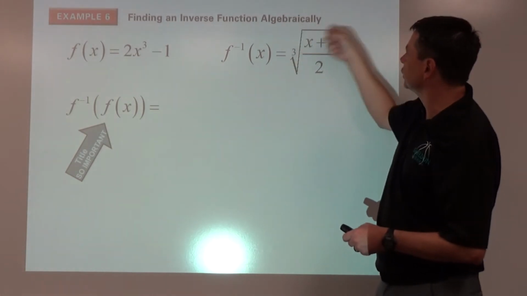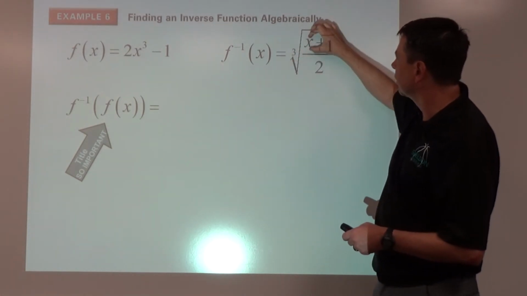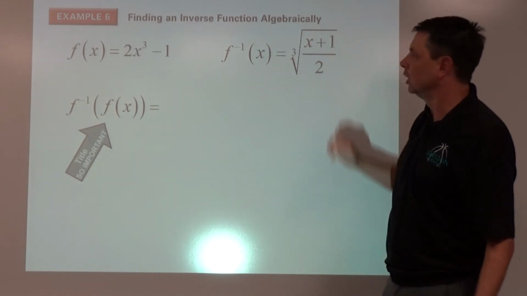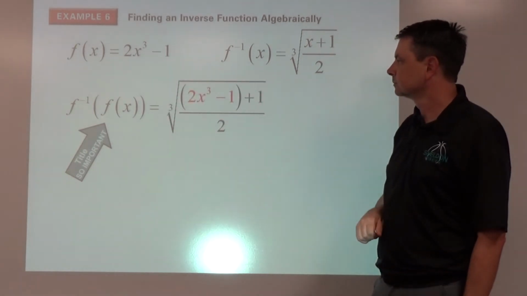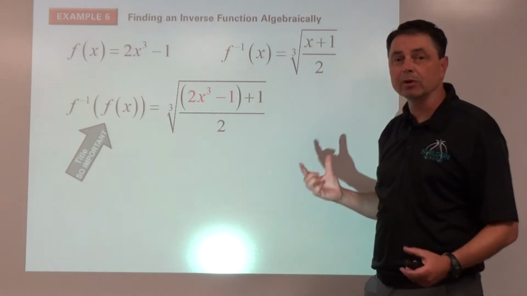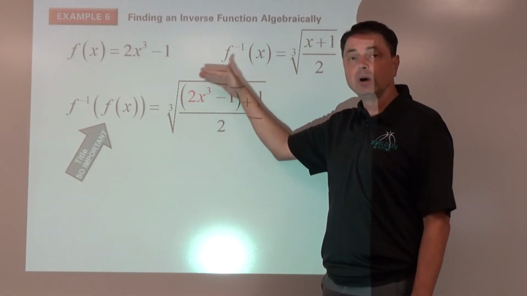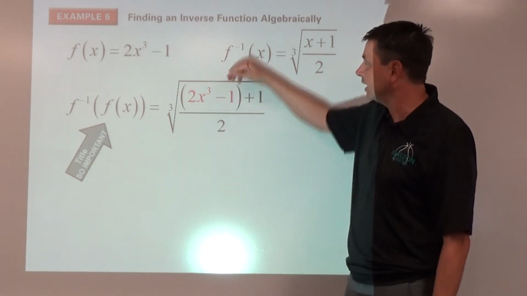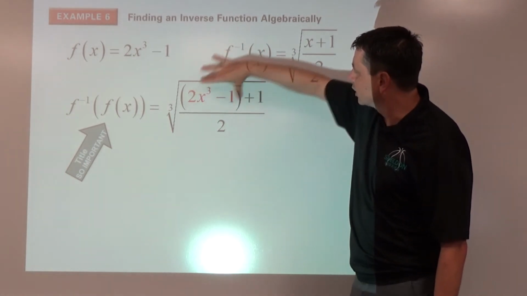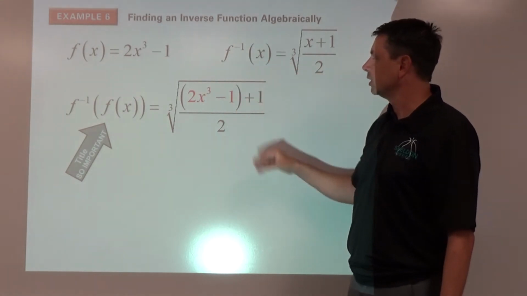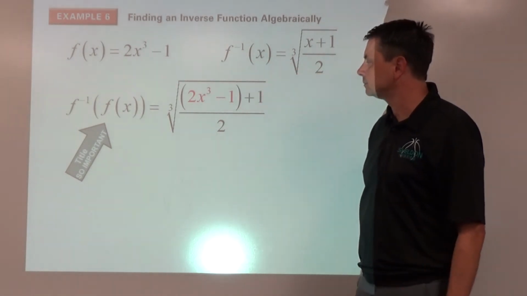So I've got a big old cube root, I've got a fraction, this becomes that, plus 1 all over 2. Now this time, according to the order of operations, these don't cancel yet. Above and below fraction bars work like parentheses, even though they don't really do anything here. The minus 1 and the plus 1 cancel out.